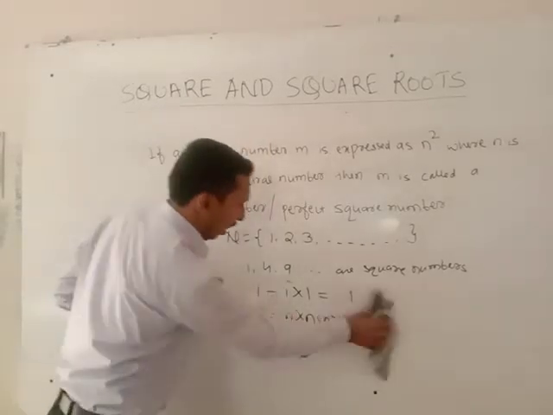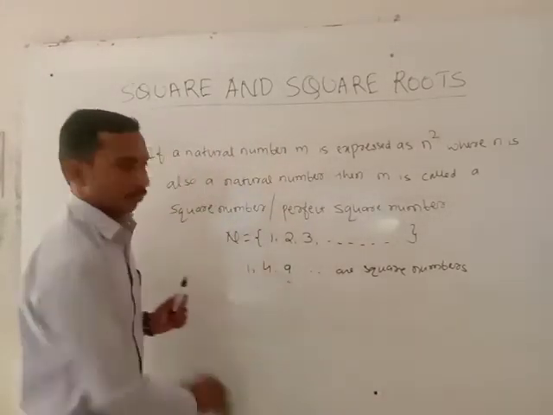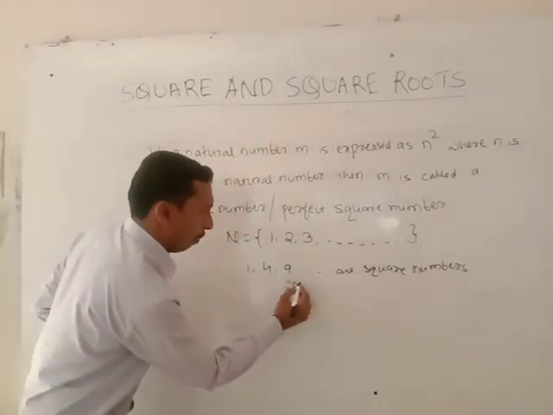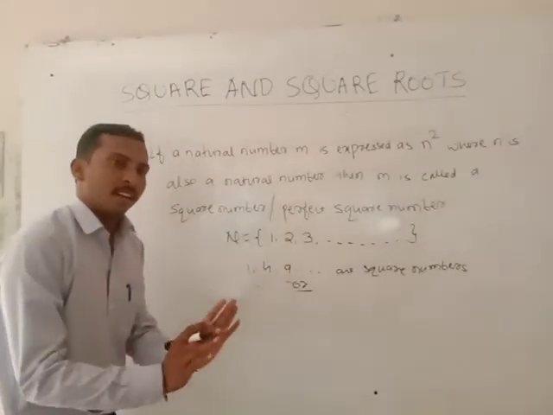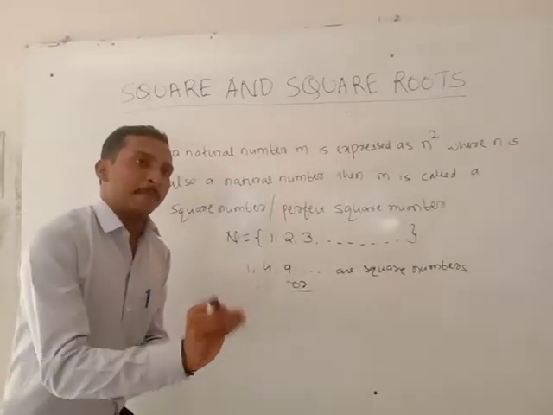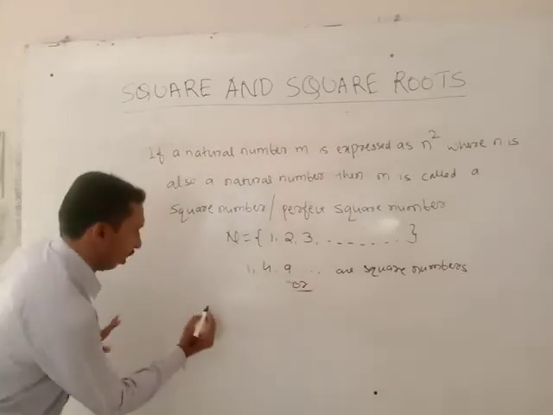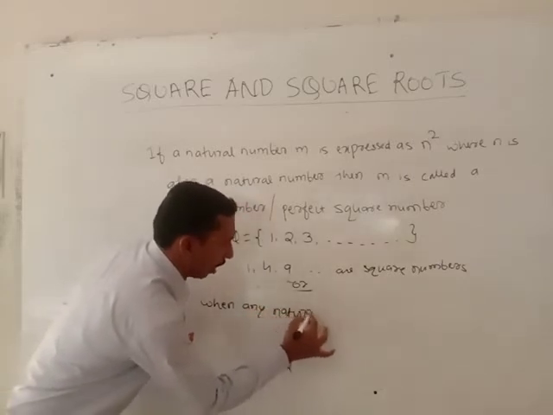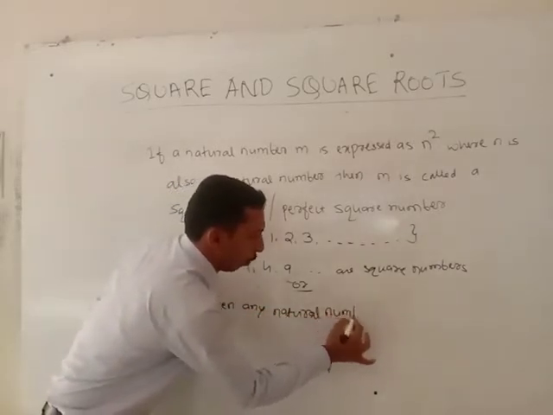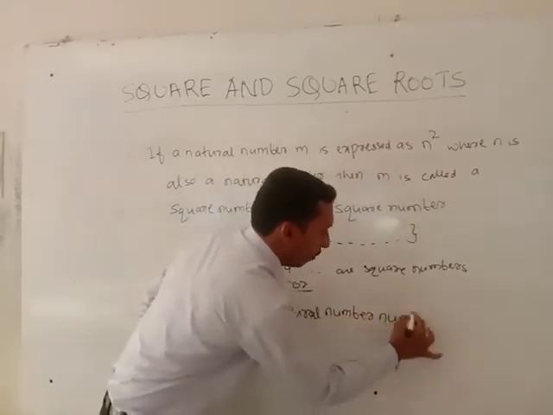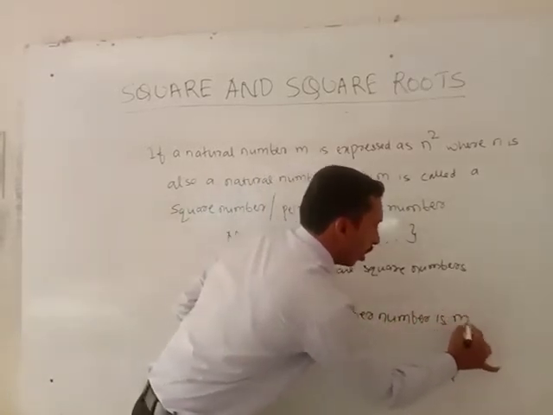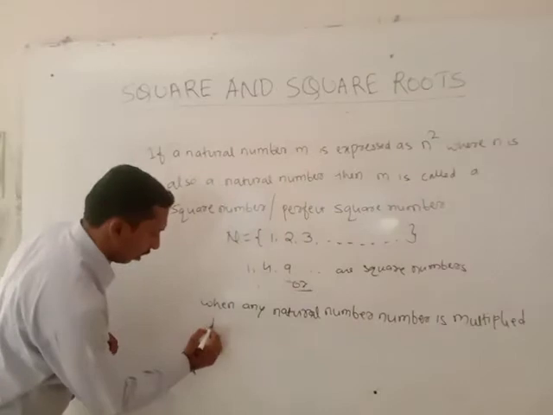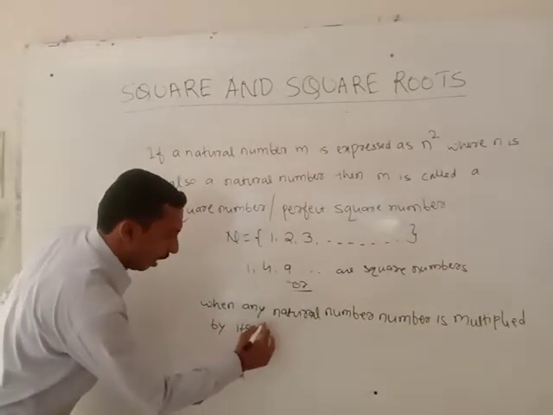Now, I'll write here. Do you understand this concept? One more definition I will give you. What is that? When a number is multiplied by itself.